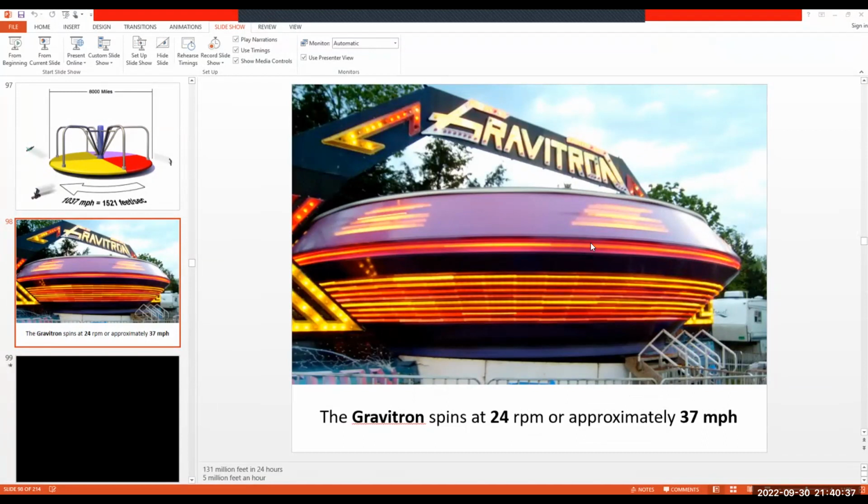Now you've got gravity pulling you down, because now this gravitron is spinning 90 degrees to the ground. When you are on the upward spin of the gravitron, so you're directly above the ground, but at the highest point of that spin.